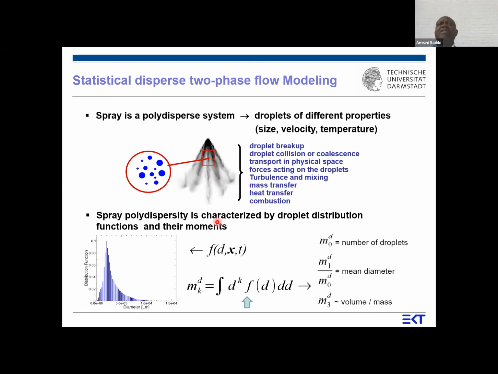For that, we have said that the spray polydispersity is characterized by a droplet distribution function. We could also reduce this description by providing some moments. This distribution function is normally a function of the diameter, so the size, the position, and the time, and we could also deduce some physical quantities, physical moments, of different degrees.